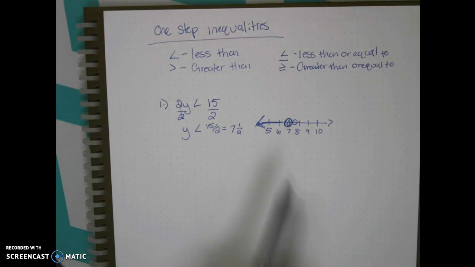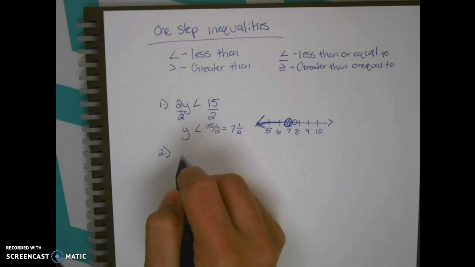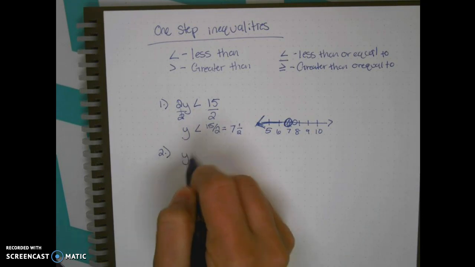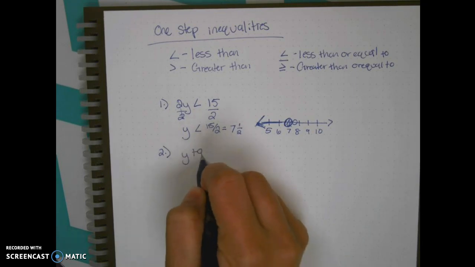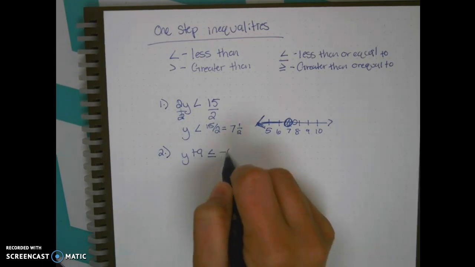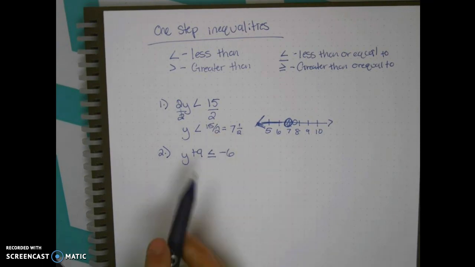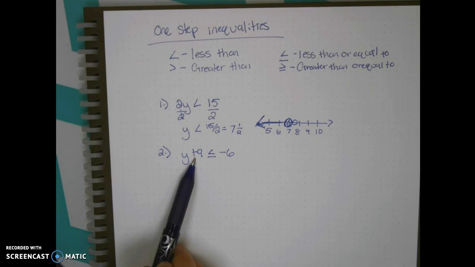So now we're going to do a second problem, and it is going to be y plus 9 is less than or equal to negative 6. Just like with a regular problem, I need to get y by itself. So I need to get rid of this 9. The opposite of addition is subtraction.